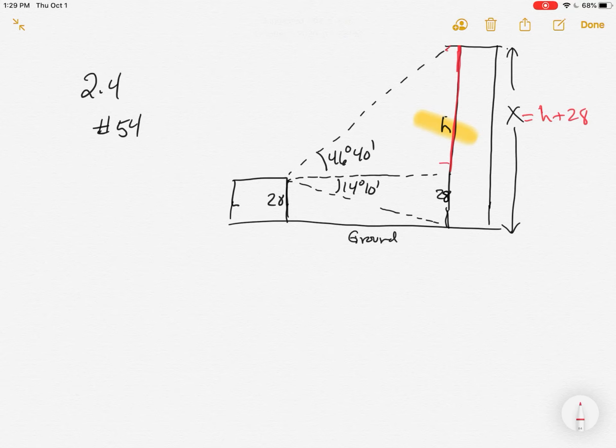Well, I got right triangles all over the place. The problem is that I don't know anything other than one of the angles in this right triangle. I'm going to need to know a side. It's not going to be solved without that, so I got to go after a side. I don't know what they're going to do in the book, but let's take a look at being able to figure out maybe this side right here.